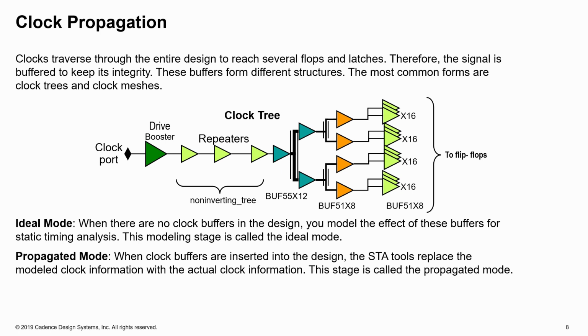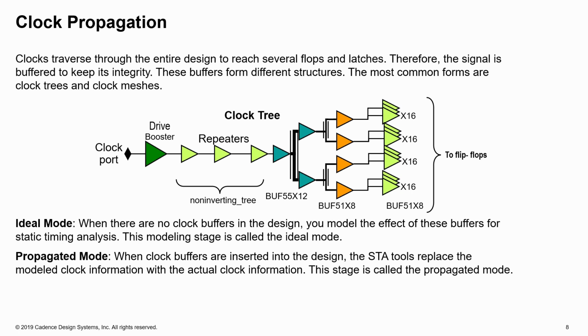And so you might actually start out with a drive booster and a bunch of repeaters, and then different kinds of buffer strengths placed along the length of the tree while it traverses to reach the flops or latches. So in the case where your design does not have any clocks, and typically during synthesis the clock tree doesn't exist, you need to mock the effect of a clock tree into your design.